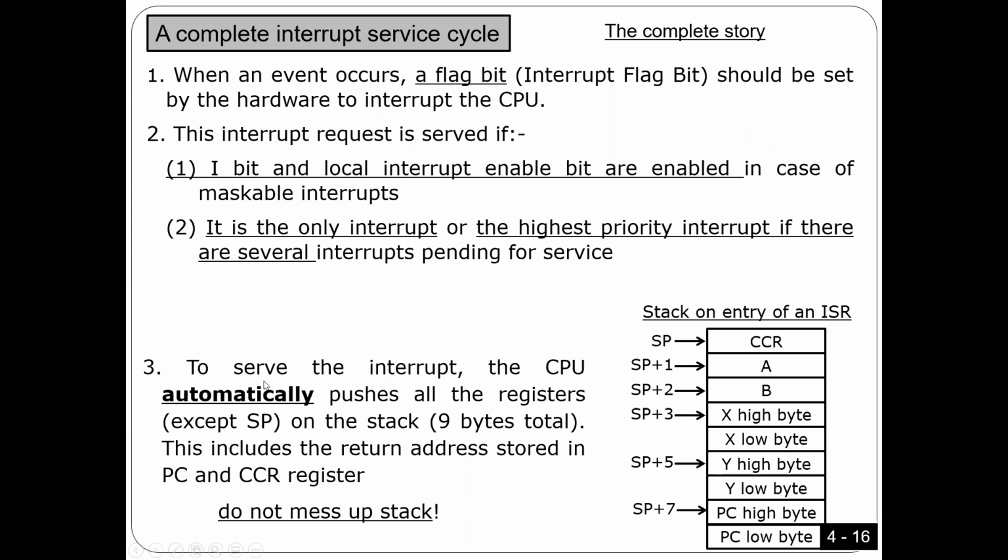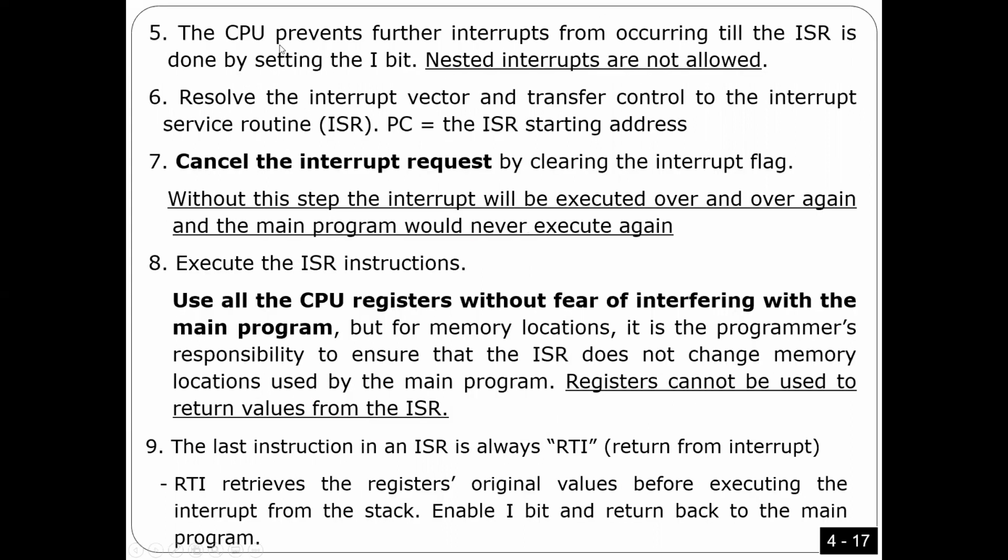To serve it, automatically the CPU is going to push all the registers to the stack, right? This is number one. Number two, the CPU is going to disable any further interrupt by setting the I bit, because nested interrupts are not allowed. And now we're going to move from the main program to the beginning address. So we need to get the beginning address, okay, which is stored in the interrupt vector, as I said before, and then you can put it in PC to branch to the interrupt subroutine.